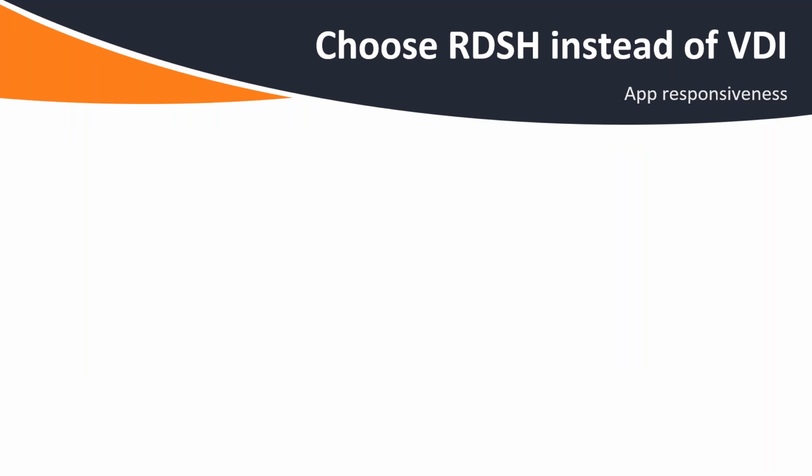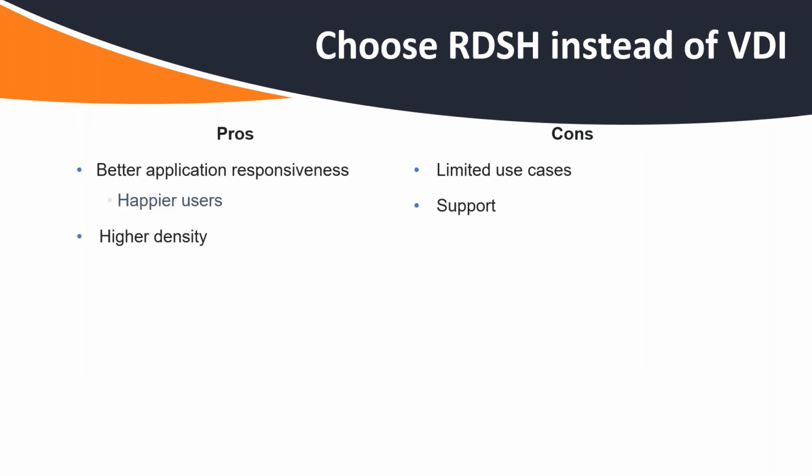Now, looking at pros and cons between those two, the pros for RDSH are better application responsiveness, so happier users, and higher density, so a happy CFO. Cons might be that for RDSH you have limited use cases. Maybe you need admin rights or user-installed apps, so you might have a valid reason to pick VDI versus RDSH. Another one could be support.